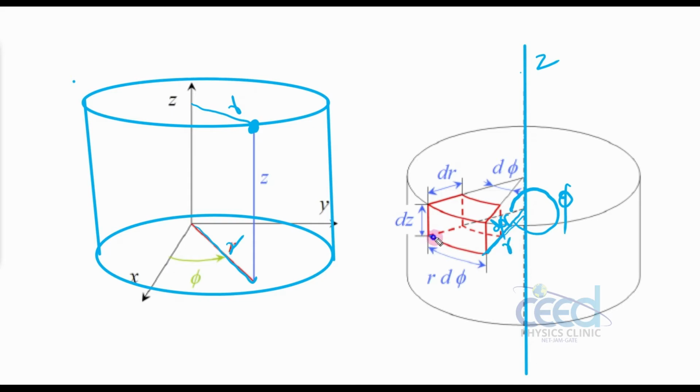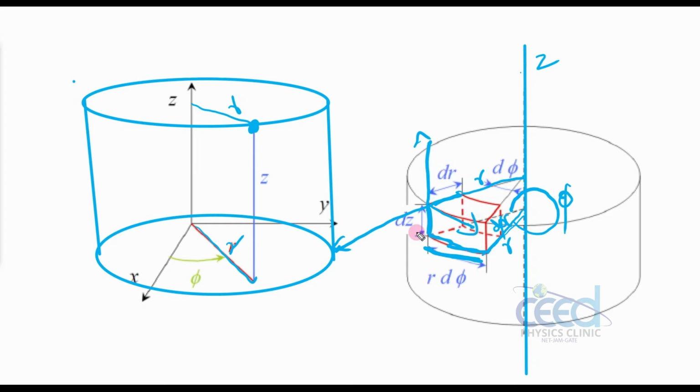Considering this arc, radius into angle, this width is r d phi. Now if I consider a small elemental height in the direction of z, I can call it dz. This is our r, and if I increase r by a small dr, dr is in this direction, dz is in this direction, and phi is increasing in this direction.